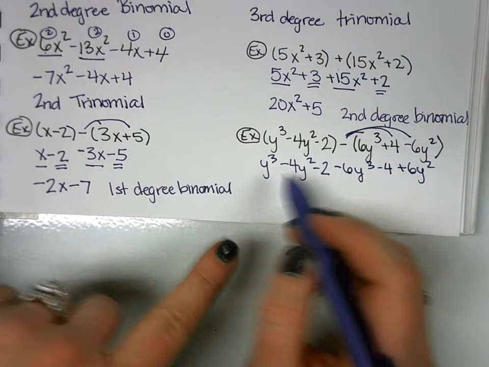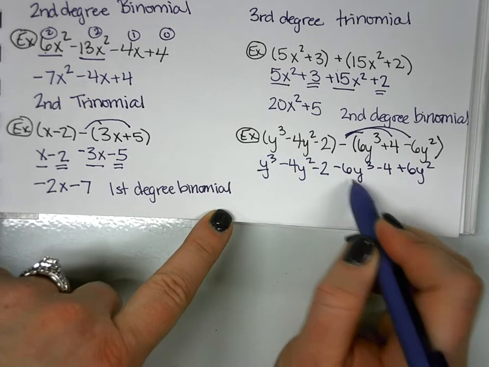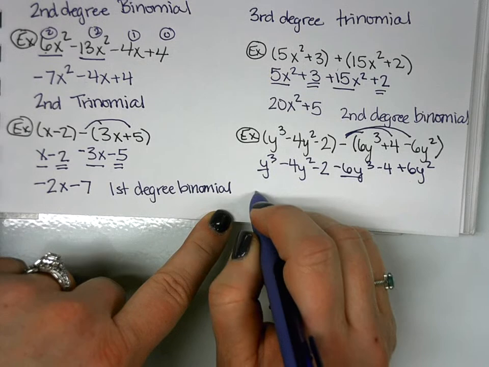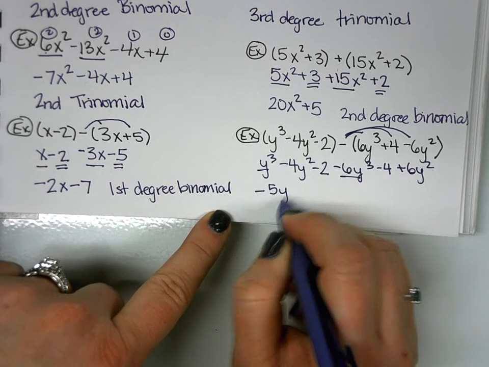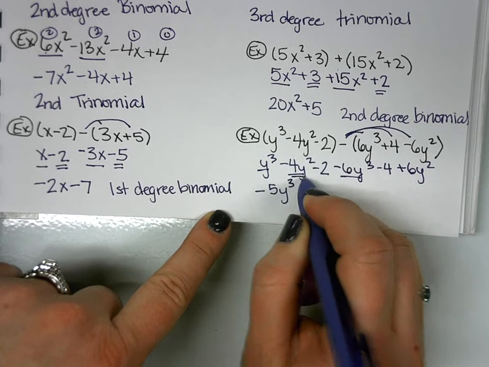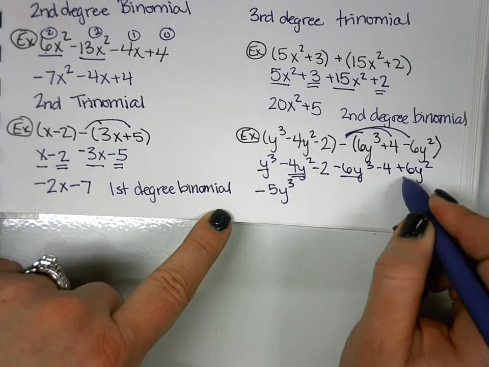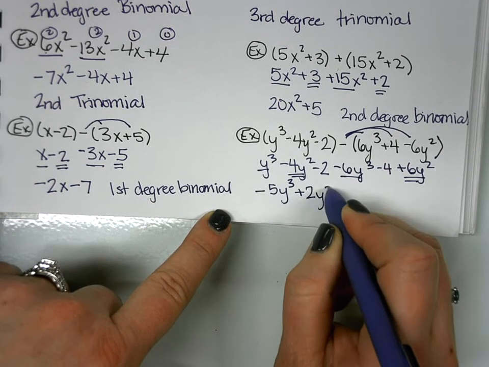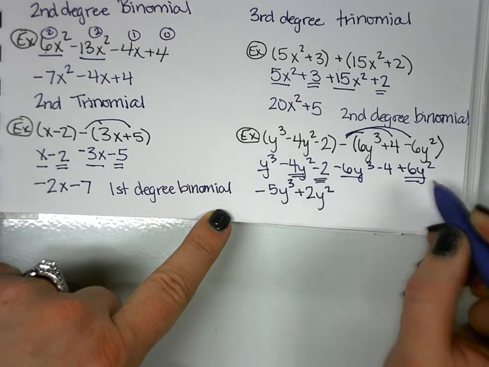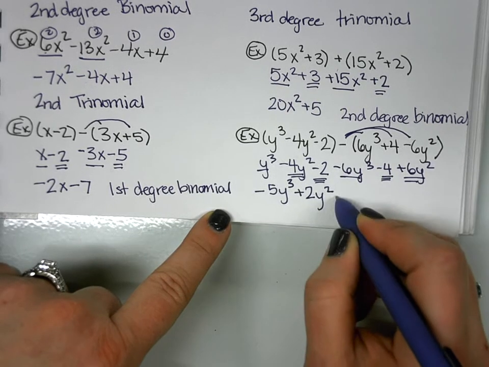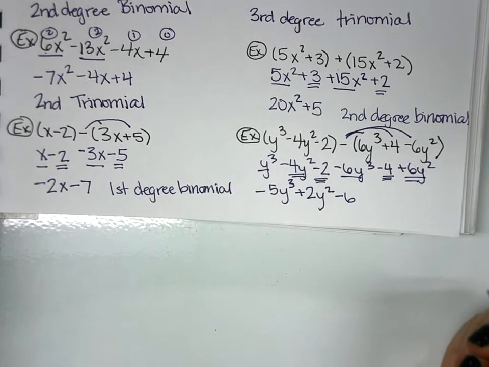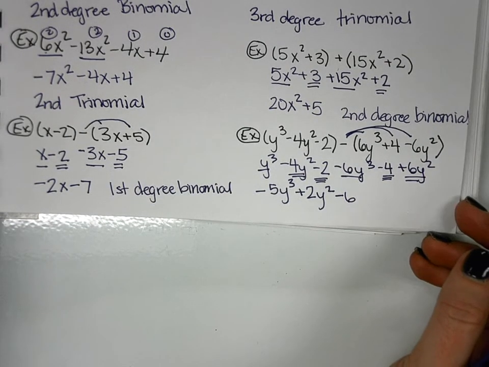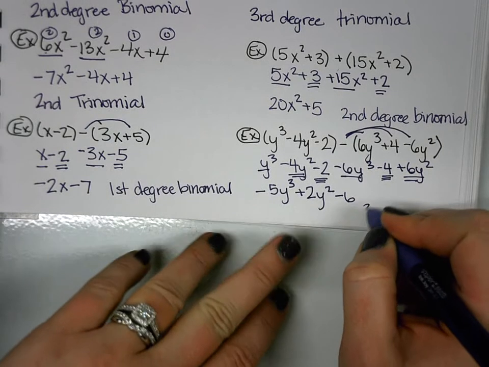We have our like terms, y to the third and negative 6y to the third. Negative 4y squared and 6y squared give us 2y squared. And negative 2 and negative 4 give us negative 6. So then how could this one be classified? A third degree trinomial.